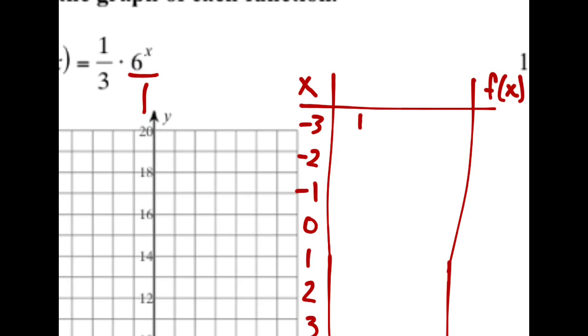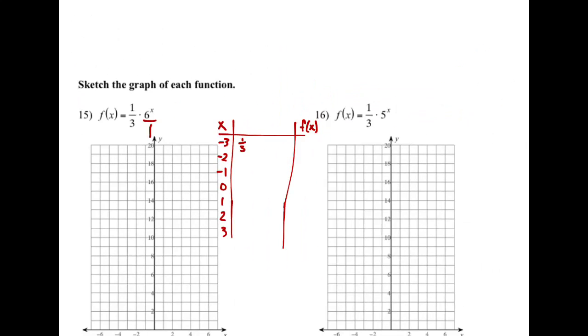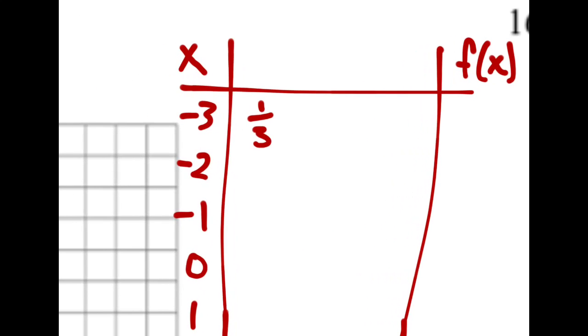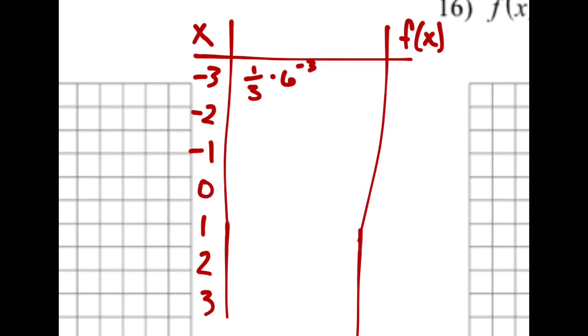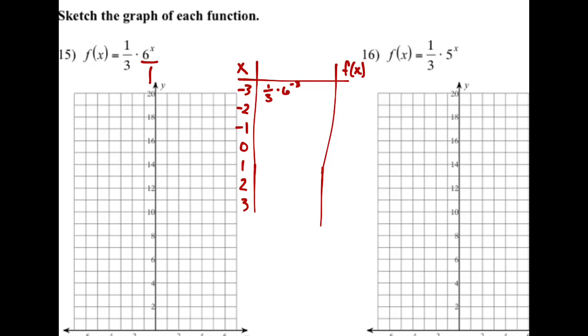What does that look like? That's 1/3. I'm going to have to zoom in. That's the 1/3 out in front, times 6, and then in the exponent we have -3. And remember, on your calculator, you'll push these buttons.